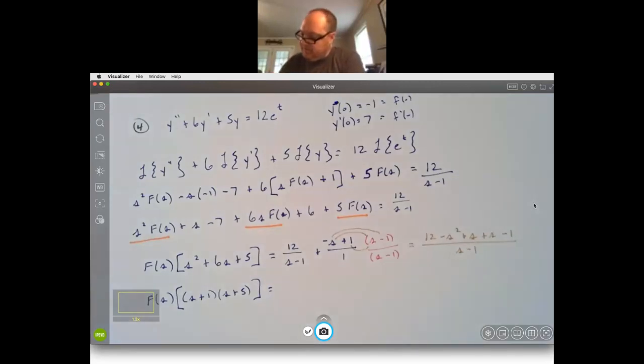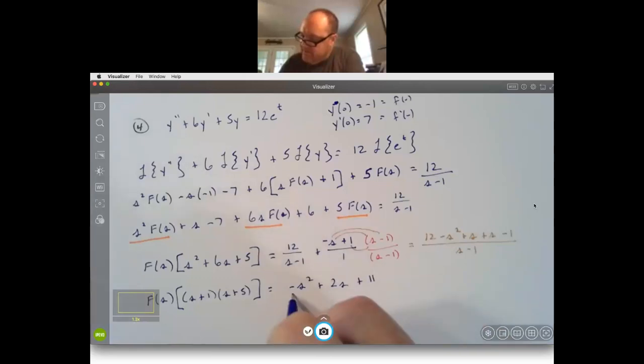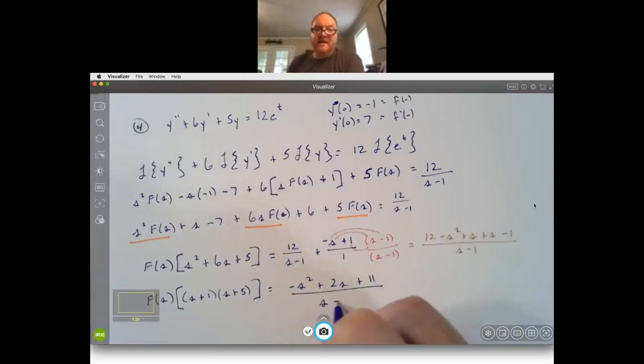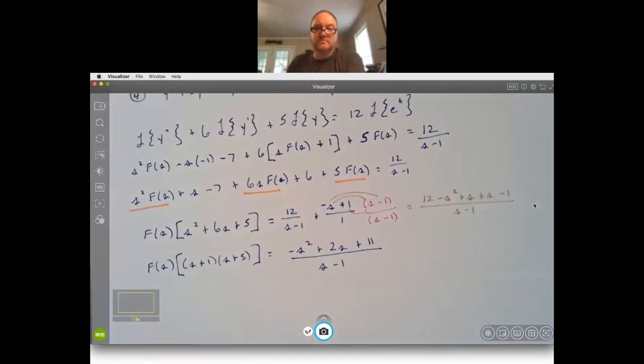Which becomes negative s squared plus 2s plus 11 all over that same denominator of s minus 1.